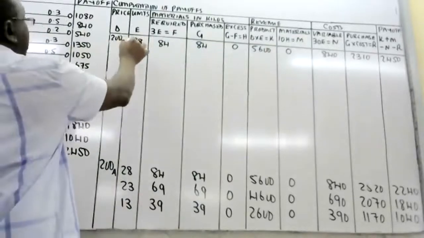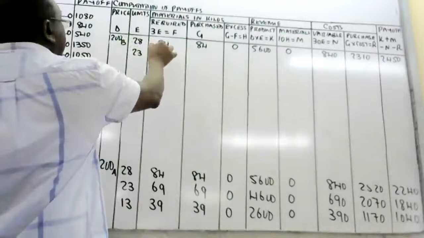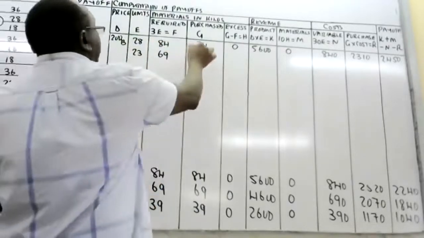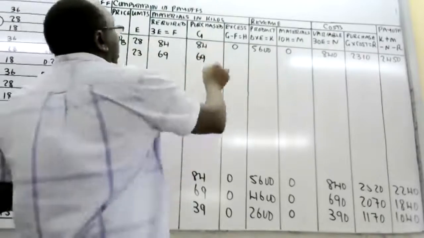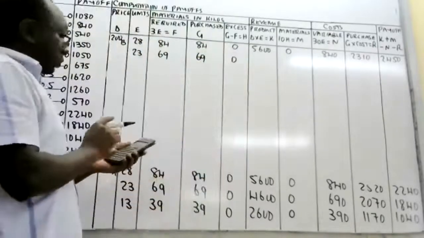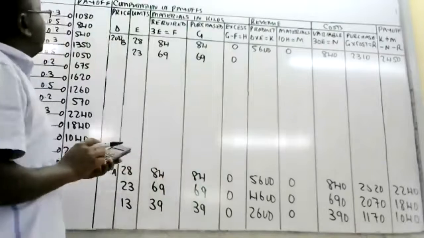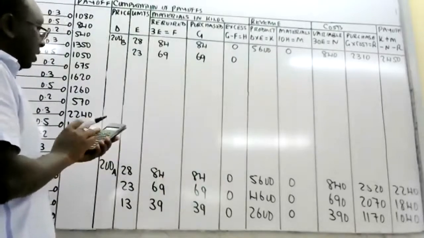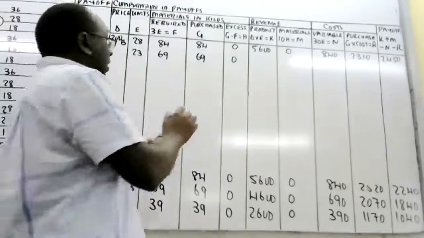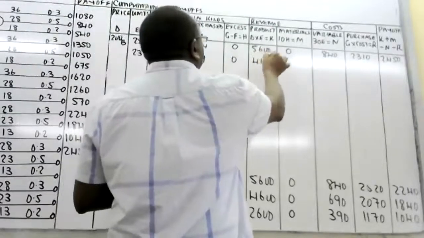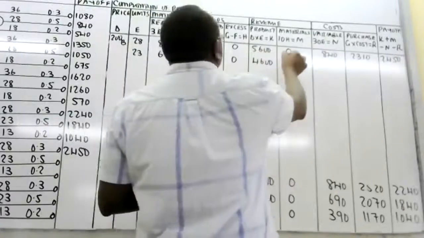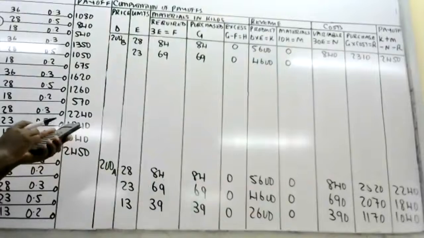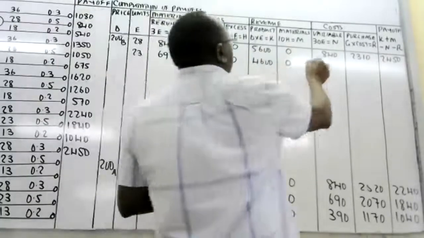Then we go to 23. 23 is 69. Then the purchase is 69. Excess is 0. So we have 23 times 200 is 4,600. Materials is 0. Variable is 23 times 30, 690.